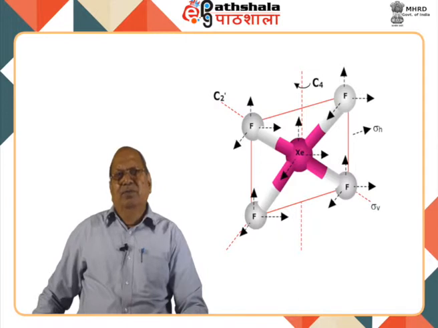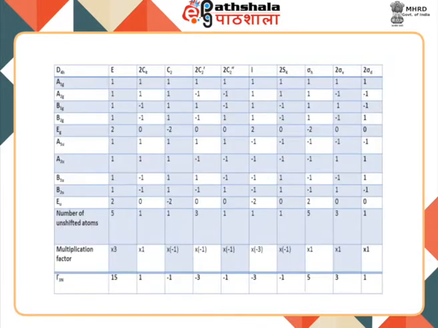I am having 15 Cartesian coordinates as the basis. Now we have to make use of the character table of the D4h point group, which is also given over here in partial form, that is, the basis functions have been removed. We will make use of this and try to find out the effect of various symmetry operations of this point group on this molecule.